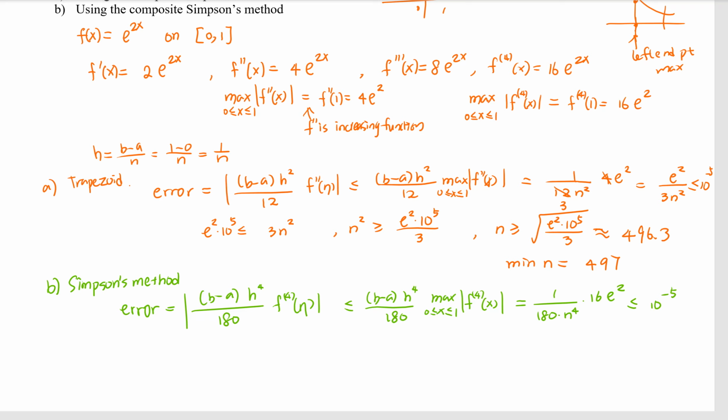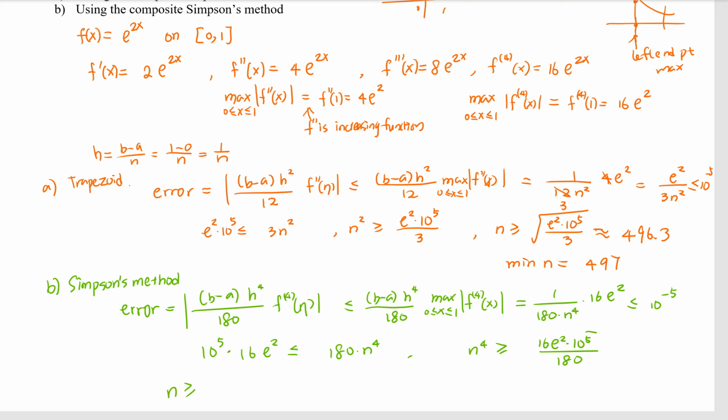Okay, let's see. We can multiply both sides by 180 n to the fourth, and then multiply both sides by 10 to the fifth. Then we have n to the fourth greater than or equal to 16e squared times 10 to the fifth over 180.